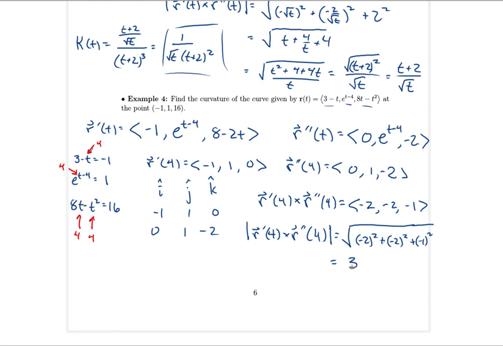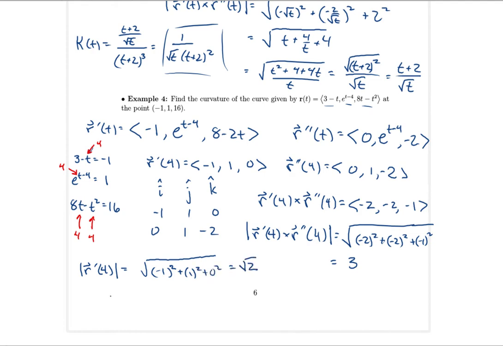And then you have your r prime of 4 that you need to take the magnitude of for the formula, but that's just going to be the square root of negative 1 squared plus 1 squared plus 0 squared, so that's just the square root of 2.